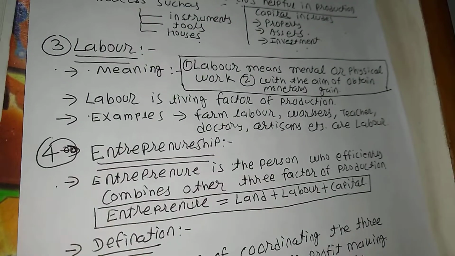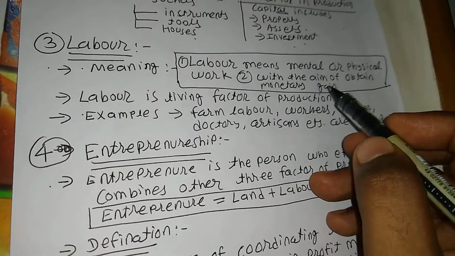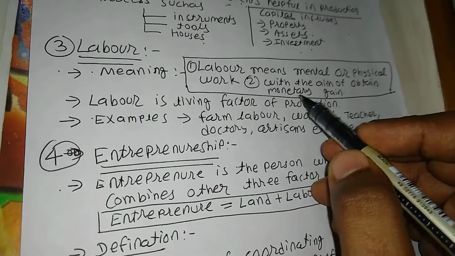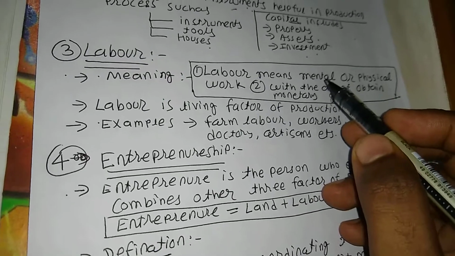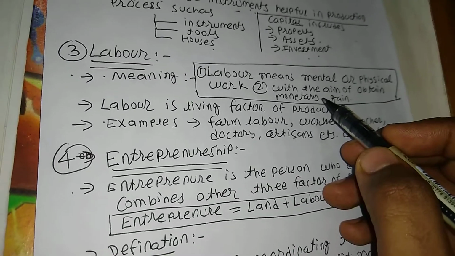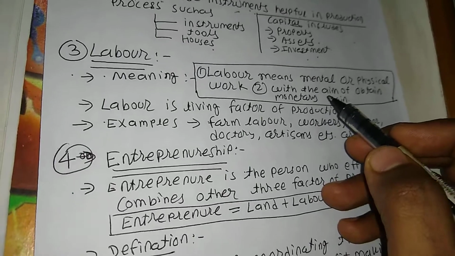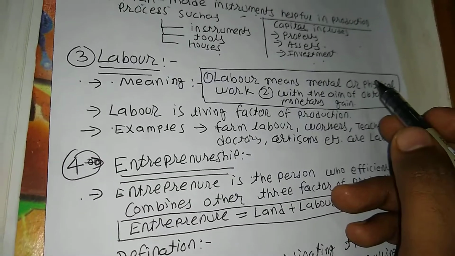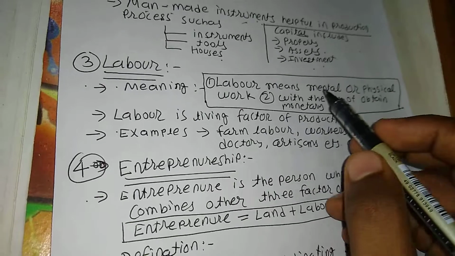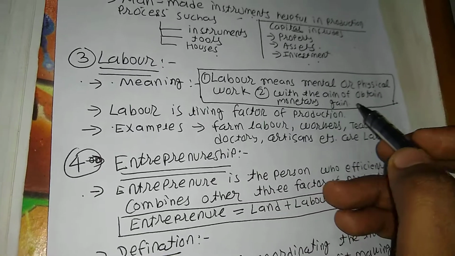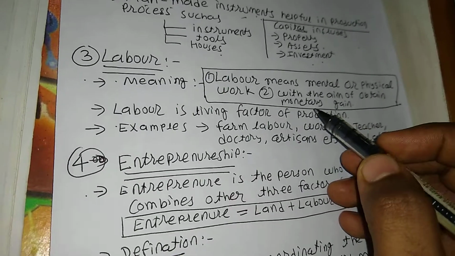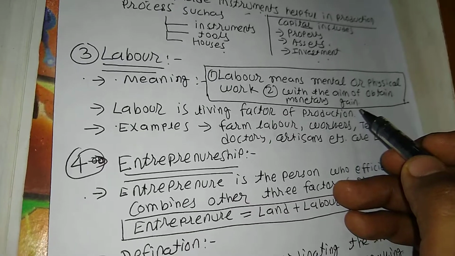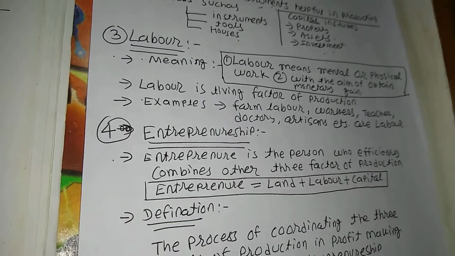With the aim of obtaining monetary gain. They receive money because they do mental work or physical work. So labor means mental or physical work with the aim of obtaining monetary gain.